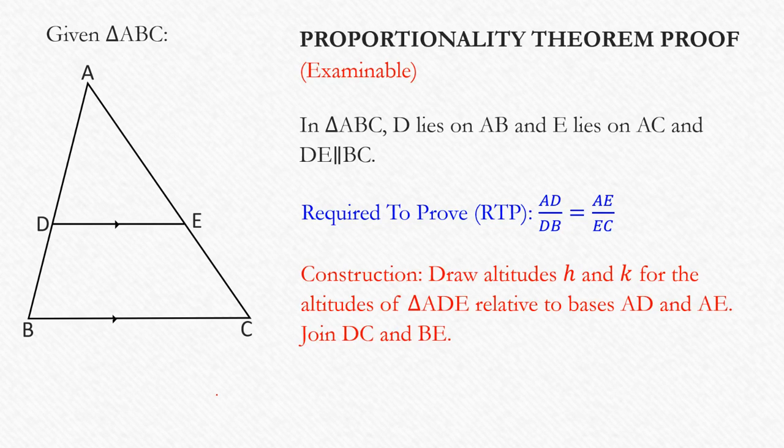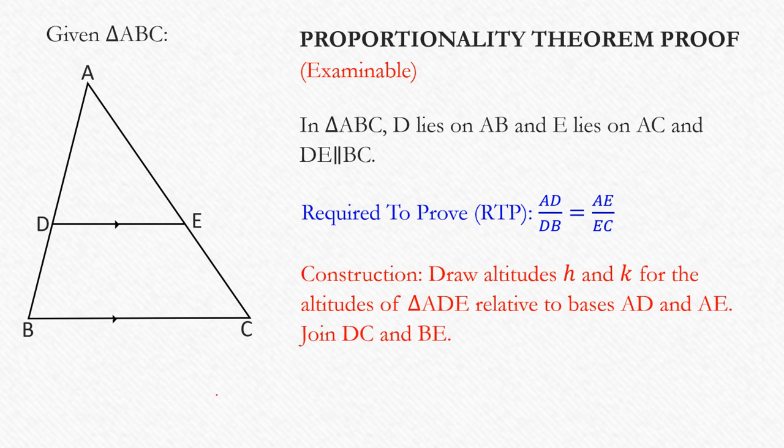At construction, we draw altitudes H and K for the altitudes of triangle ADE relative to the bases AD and AE. And then after that, we join DC and BE. You can try to do these things before I show you.